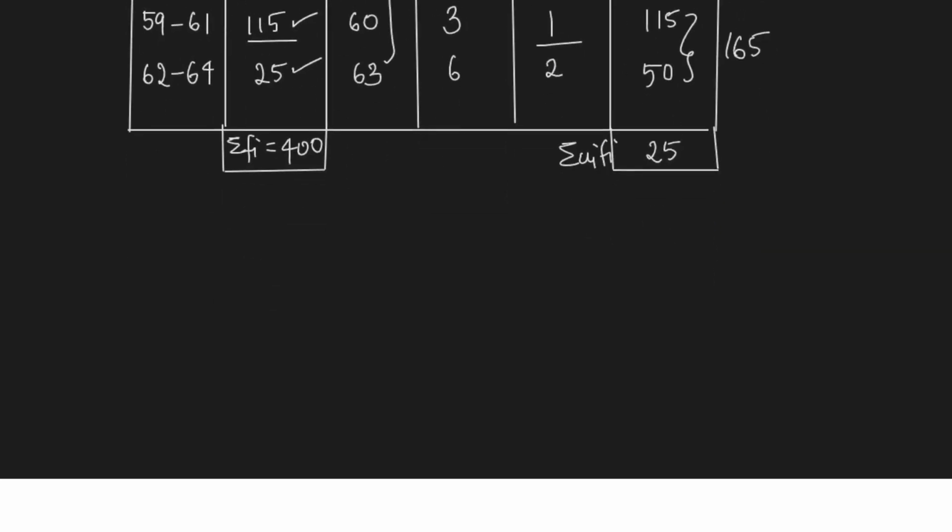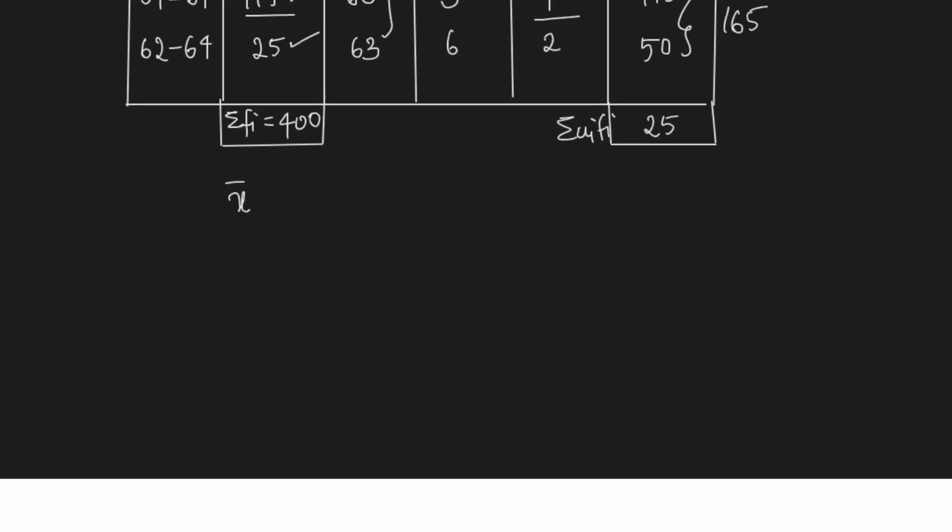Now let's apply the formula. X bar equals a plus sigma ui fi divided by sigma fi, and this whole thing multiplied by h.